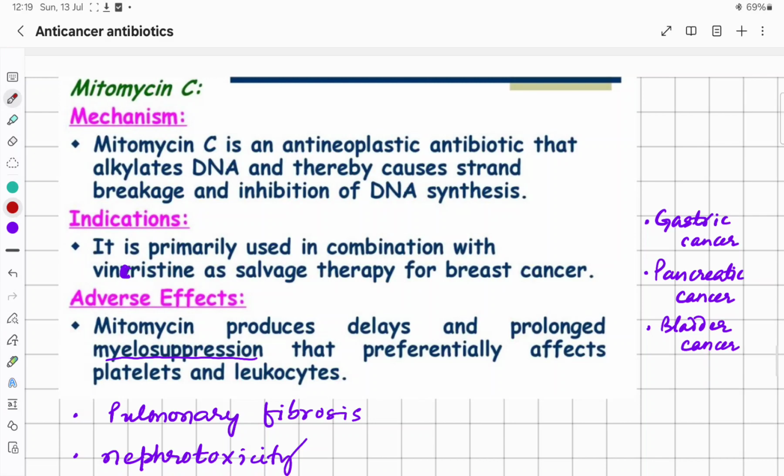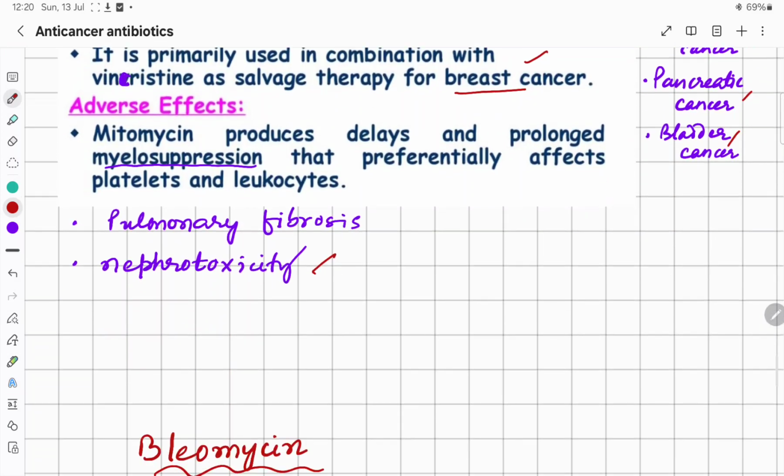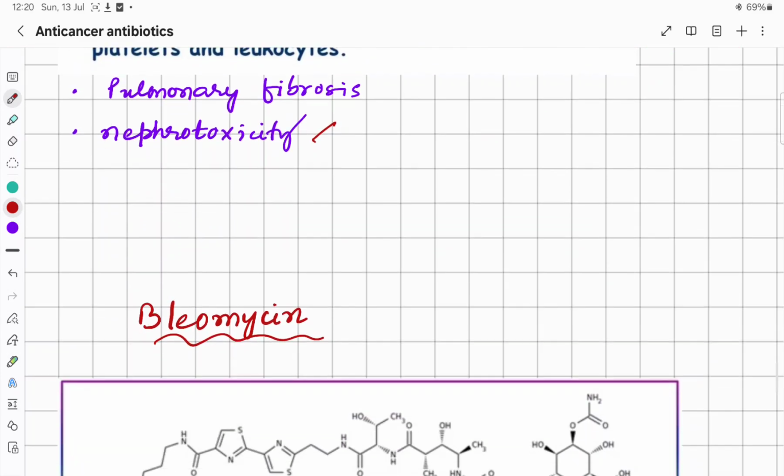It is used against gastric cancer, pancreatic cancer, bladder cancer, and in combination with vincristine, the vinca alkaloid, it can be used against breast cancer. Adverse effects: myelosuppression, pulmonary toxicity, that is pulmonary fibrosis, nephrotoxicity. These are the toxicities associated with mitomycin C.